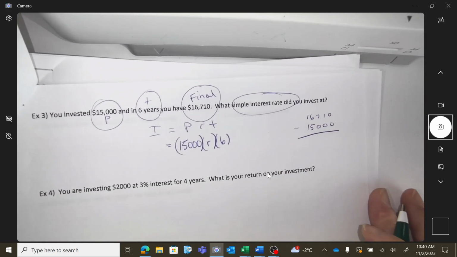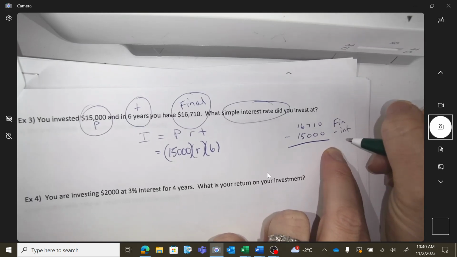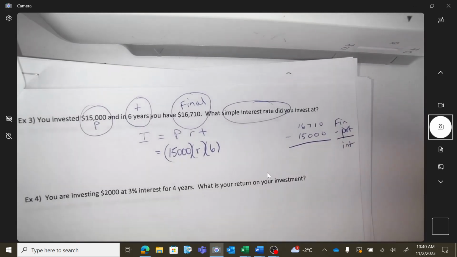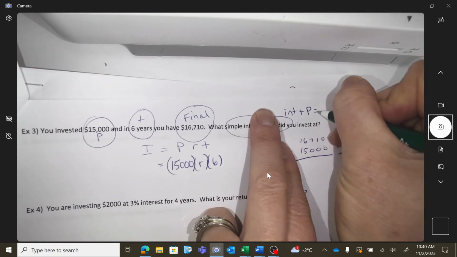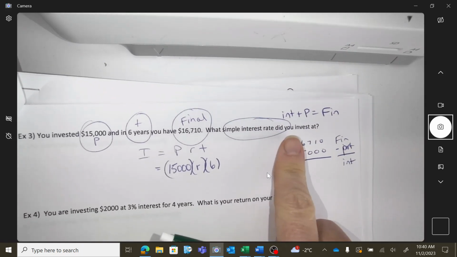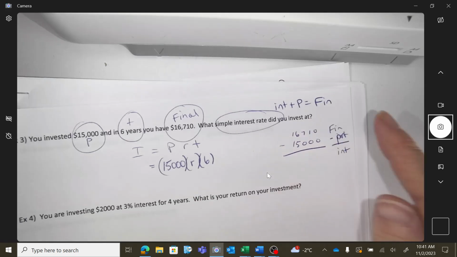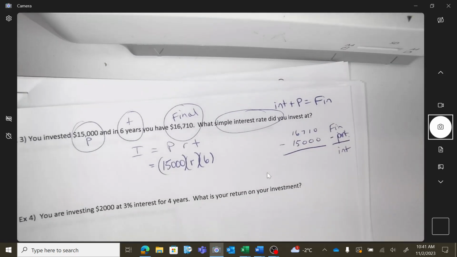Exactly. So if I take my final minus my principal, equals my interest, right? Just like how interest plus principal equals final. Interest plus principal is final, so if I do that backwards, final minus principal is interest.